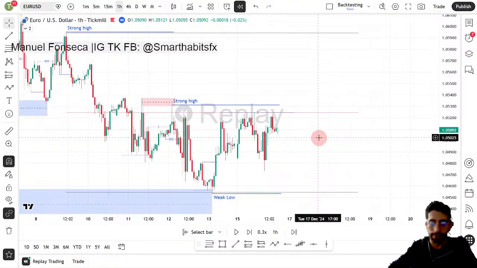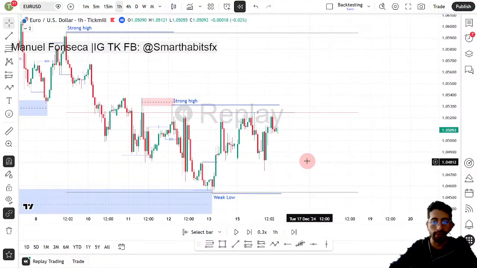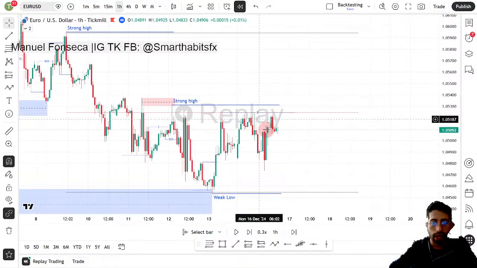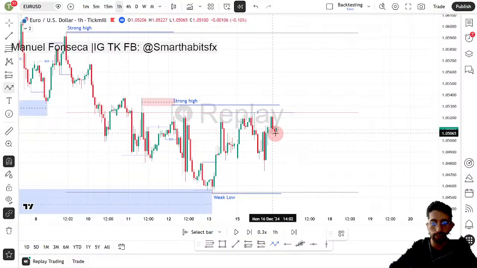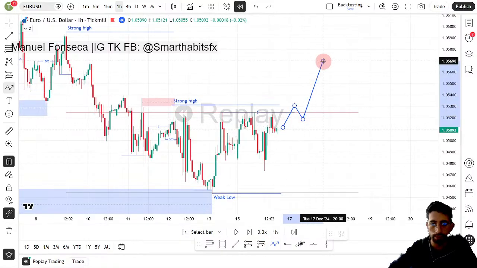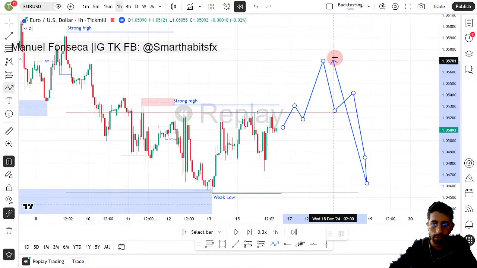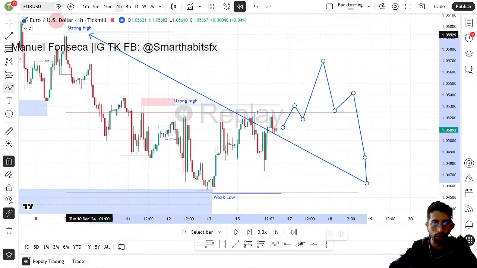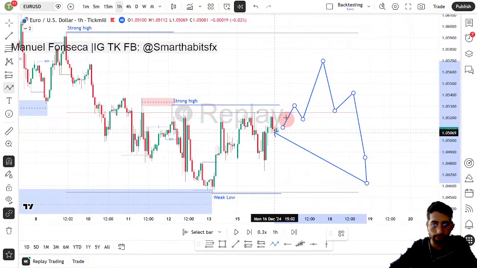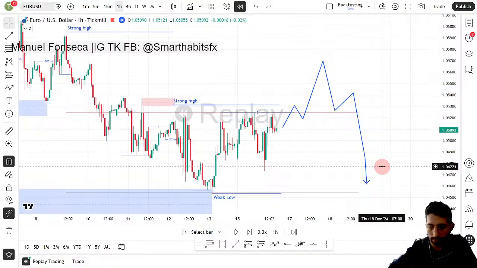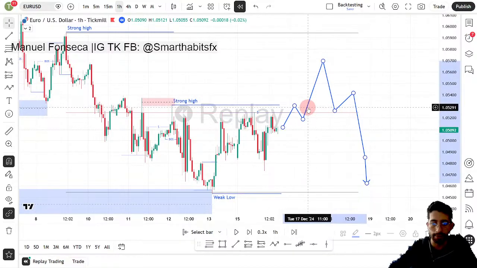But if we are savvy enough, we can understand that if the price makes that movement like this and then continues down, we can take advantage of this and buy. Even though it's a retracement, we're buying the retracement. And then we continue with the next impulse if the price provides that, okay?